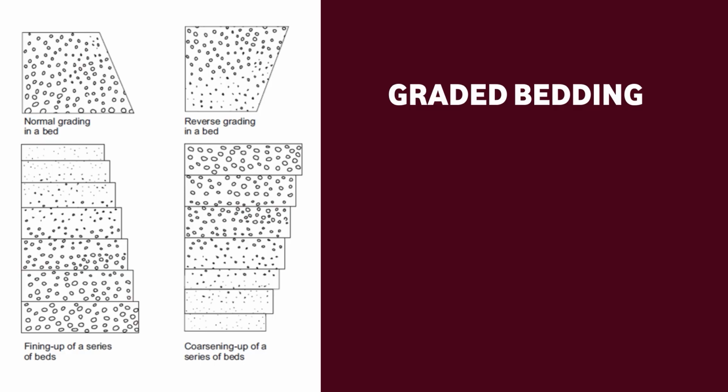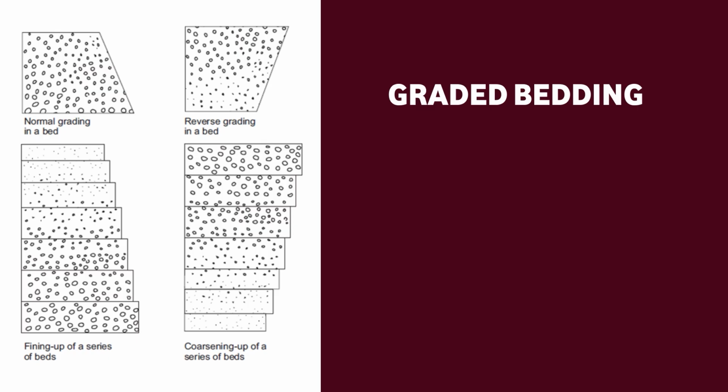So they form a normal grade, from the coarser grade at the bottom to the finer one at the top. This is called a fining upward cycle. Fining upward cycles are very common, especially in fluvial river deposits and other settings.